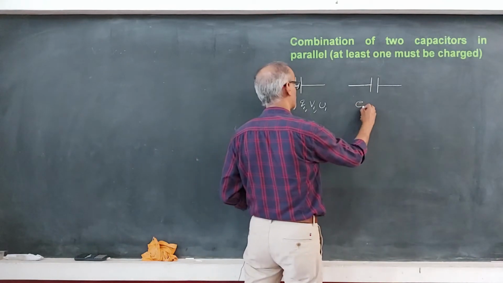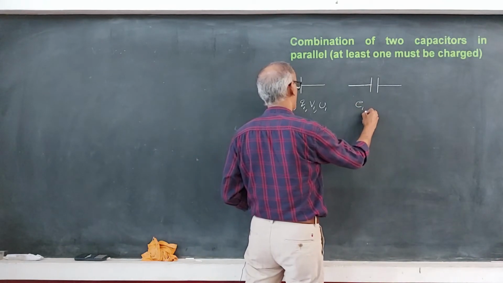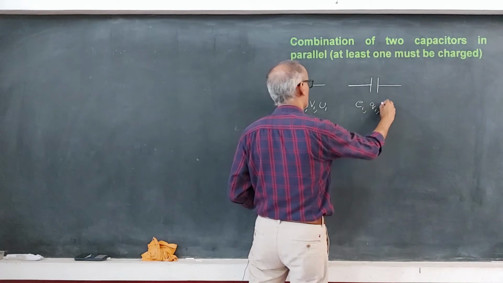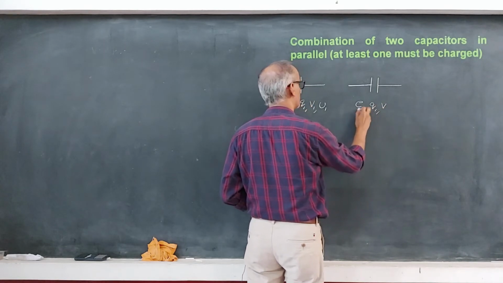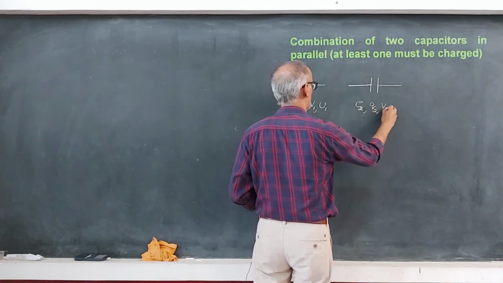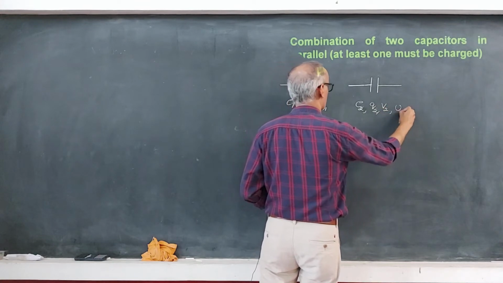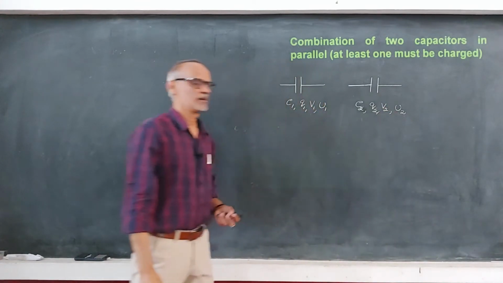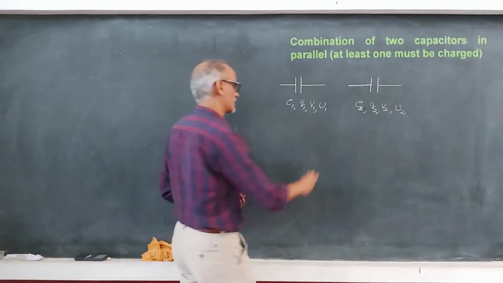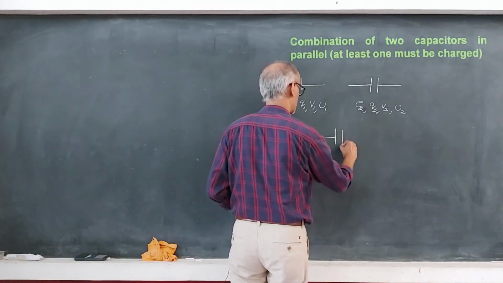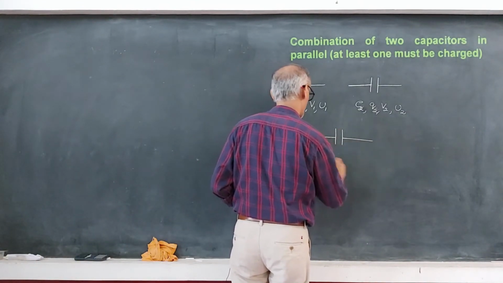It can be charged or uncharged. So C1, Q1, and then C2, Q2, V2, and then U2. Now these two capacitors are connected in parallel like this. They are connected in parallel.